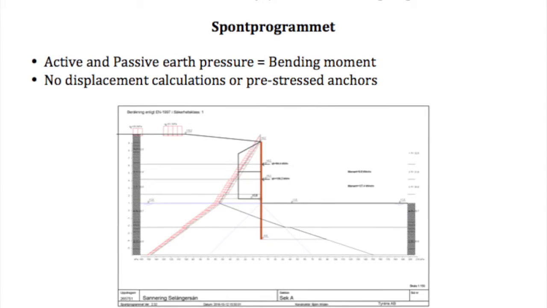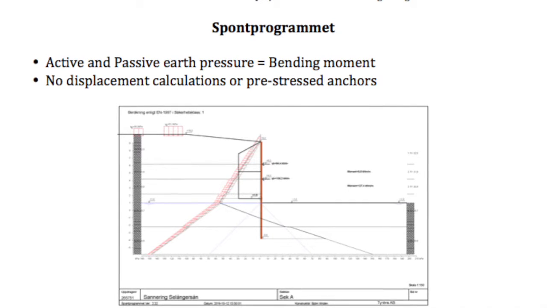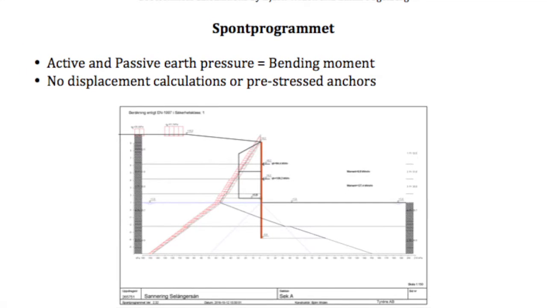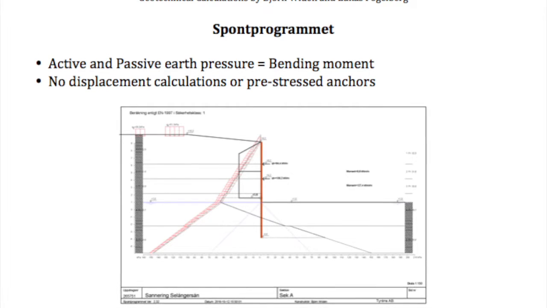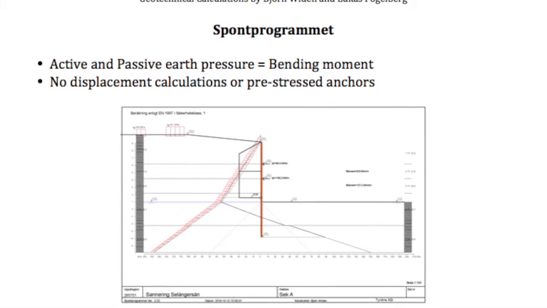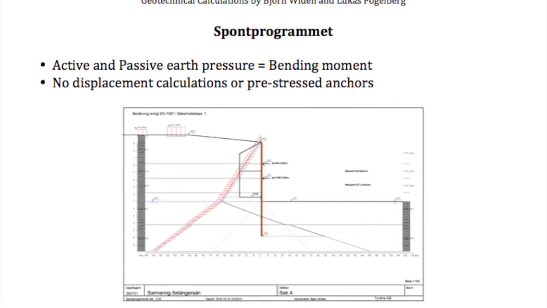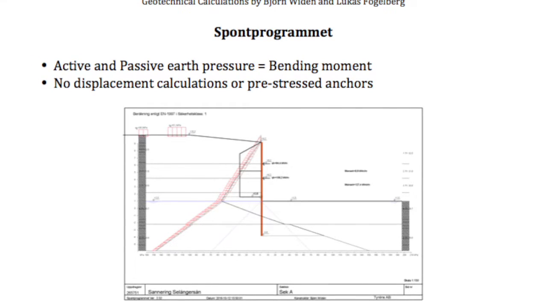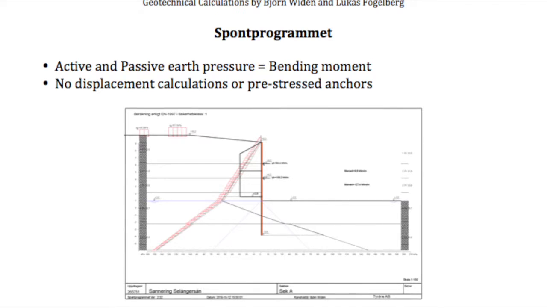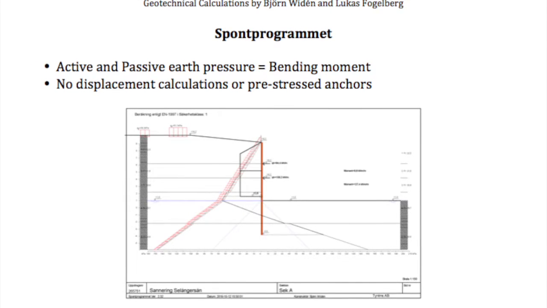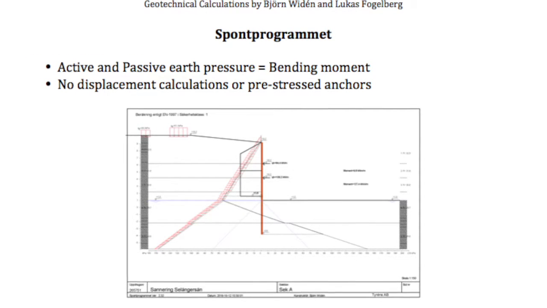ScreenCast is to be used as a first-hand calculation and suitable for sheet pile walls that are stretching for a long distance. Since the computer software does not give output regarding movements in the wall or in the surrounding soil, this software should be complemented with additional calculations regarding movement.